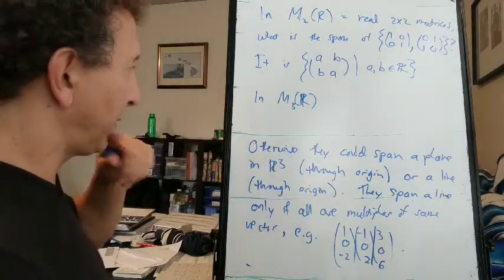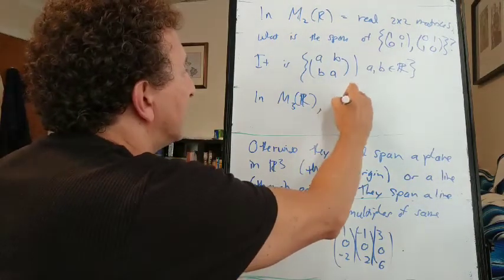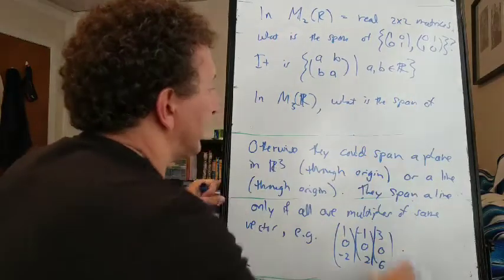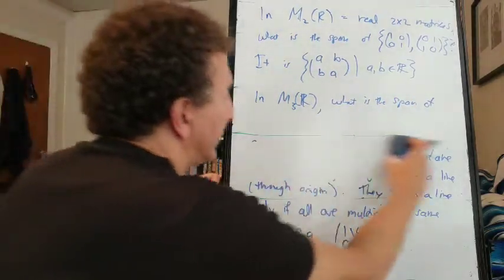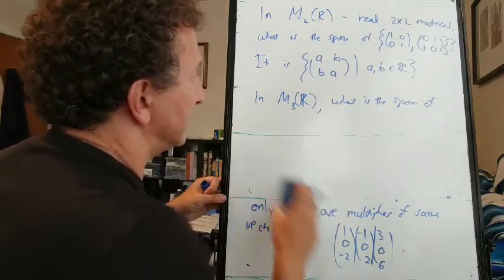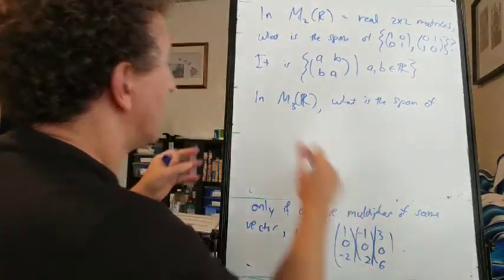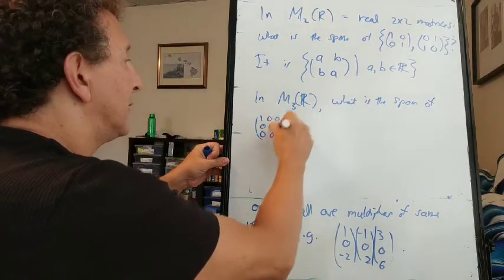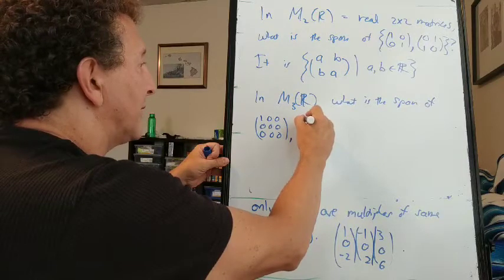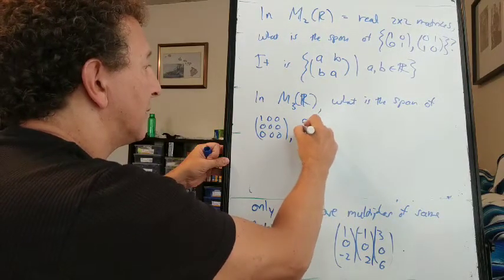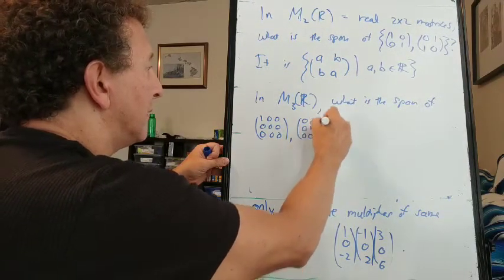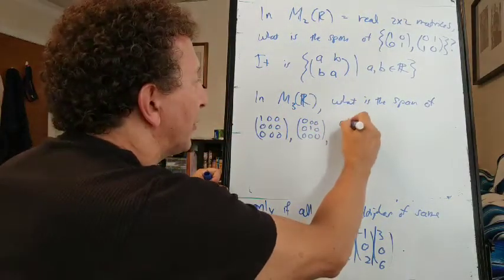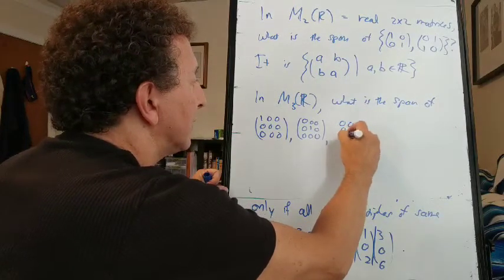Similarly, if we look in the space of 3 by 3 matrices, what is the span of, I'm going to put a bunch of matrices here, 6 of them actually. So we've got a 1 in position 1,1, then 2,2, then a matrix with a 1 in position 3,3 only.